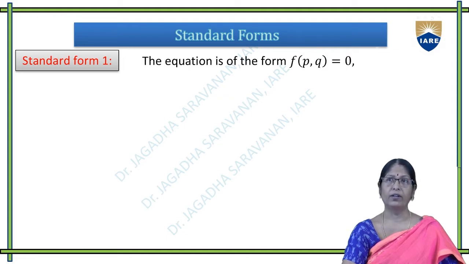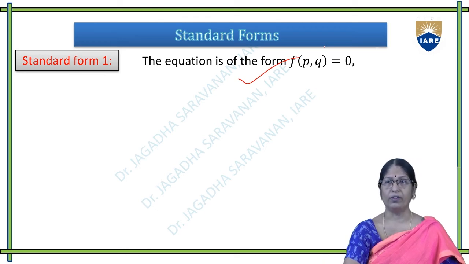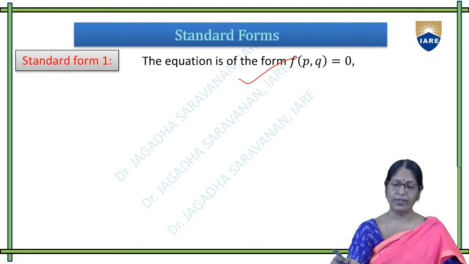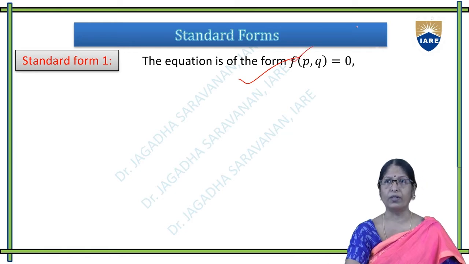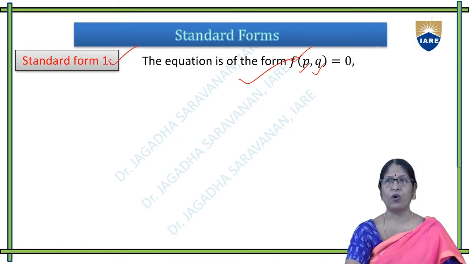For that, whatever the equation we are asked to solve, if f is a function which is defined only in terms of p and q, then it comes under standard form 1.